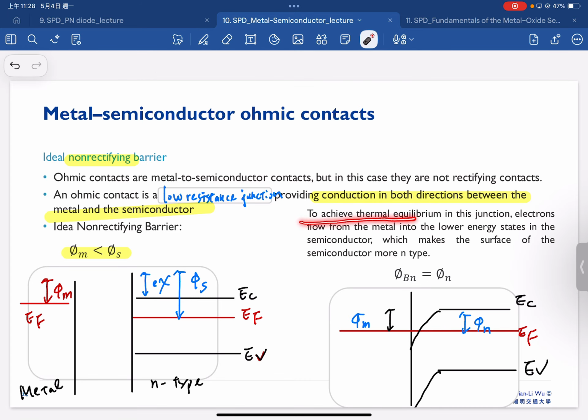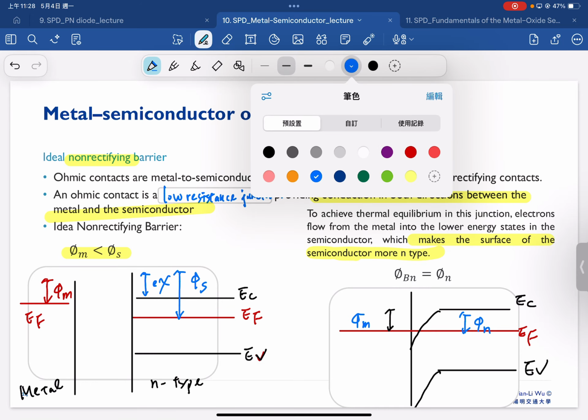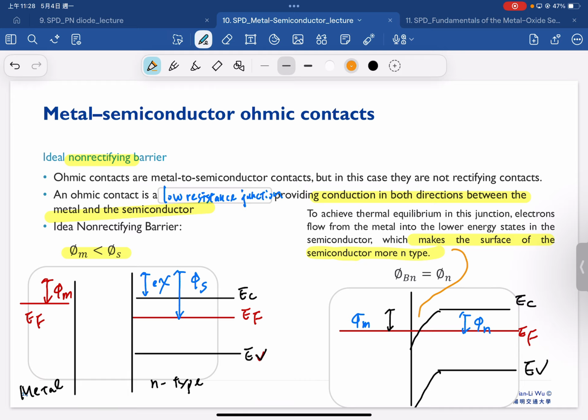To achieve thermal equilibrium in this junction, electrons now flow from the metal into low energy states in the semiconductor, which makes the surface of this semiconductor more N-type. Right? Because of this, this is getting more n-type, because now your Fermi energy is much closer to your conduction band, sometimes even above your conduction band.